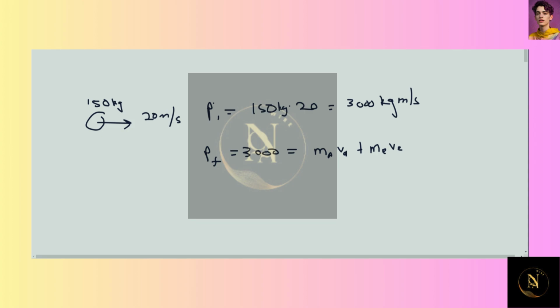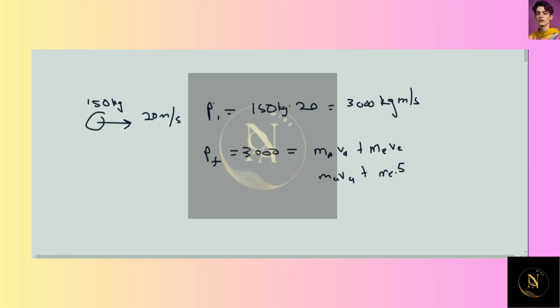But we know that the total mass can only be 150, and the maximum velocity of the equipment is going to be 5. So this is the mass of the astronaut times the velocity of the astronaut, plus the mass of the equipment he has to lose times 5.